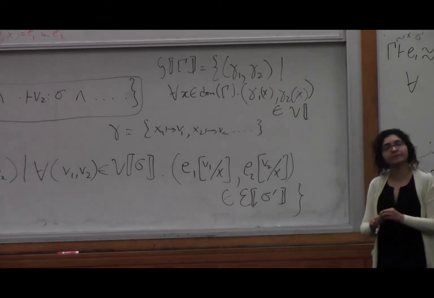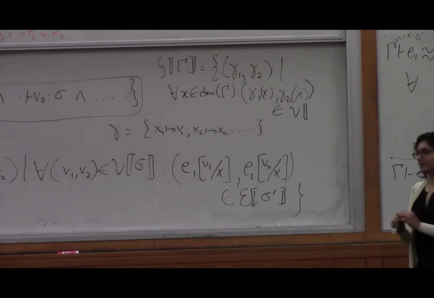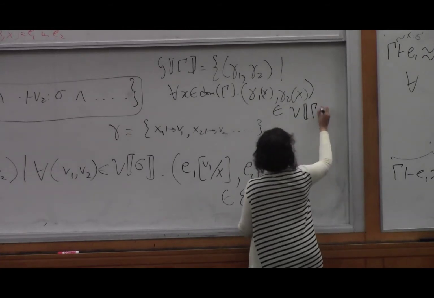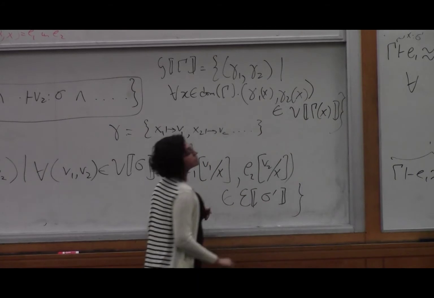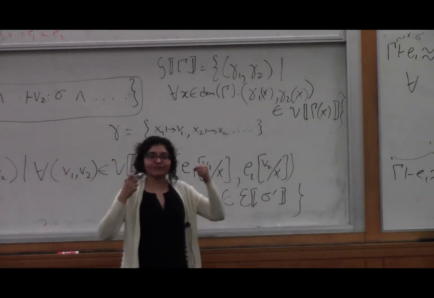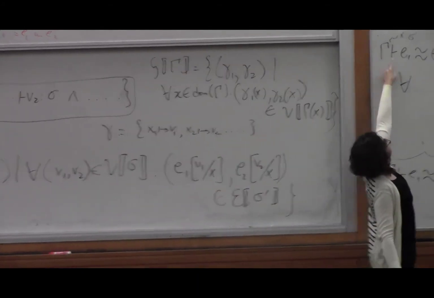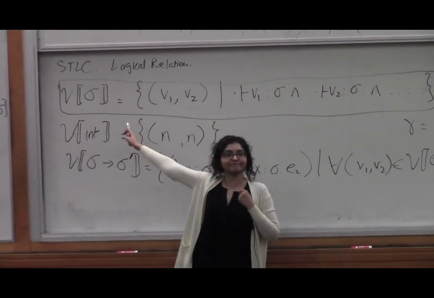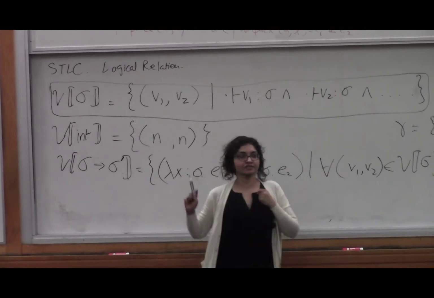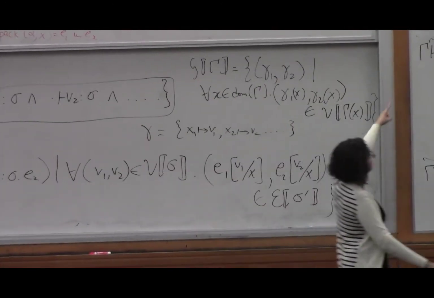What's the type of these? Gamma x, exactly. We can look it up in gamma. All I'm doing is for every single one of these x's, please give me two related values, v1 and v2, such that they are related in my v relation. Right? Those are my related inputs for all my free variables.